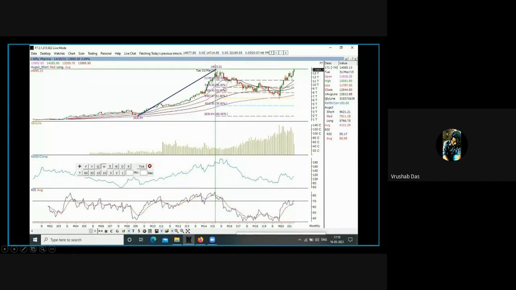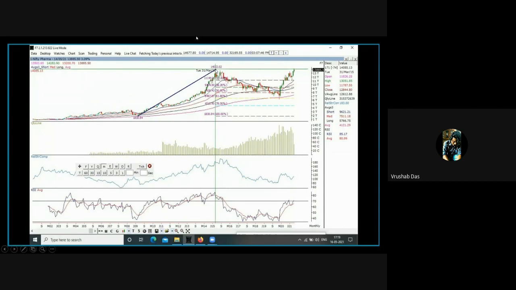So whatever the target or whatever the stop loss you may like, whatever the loss you can bear, like if you can bear the loss of around 23.6, or after that you can bear the loss.